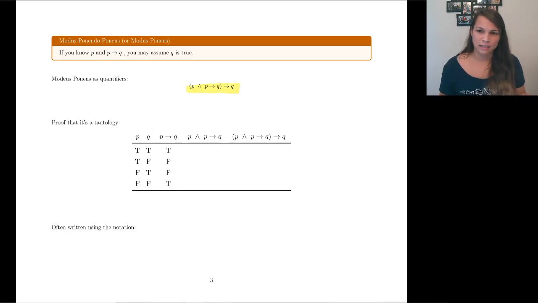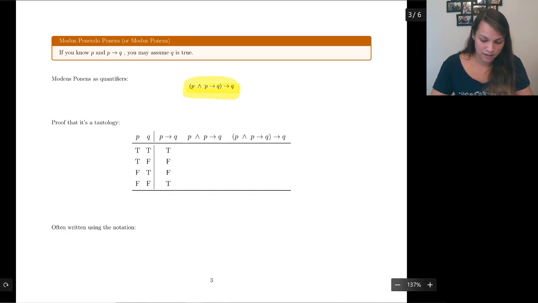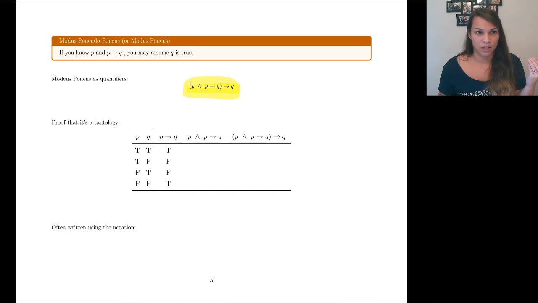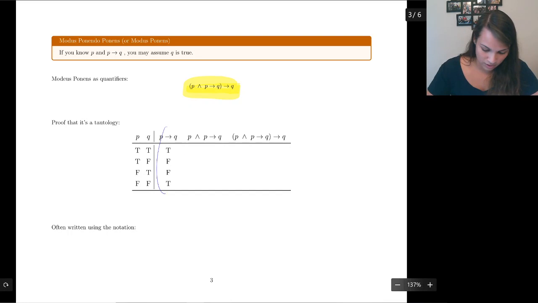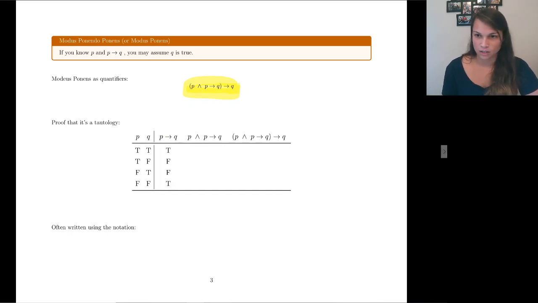So why does this line of reasoning always work is my next question. It always works because this right here is a tautology. Remember, a tautology is a proposition that is always true. So let's prove that this is a tautology. This is just the truth table so far, up to the conditional.